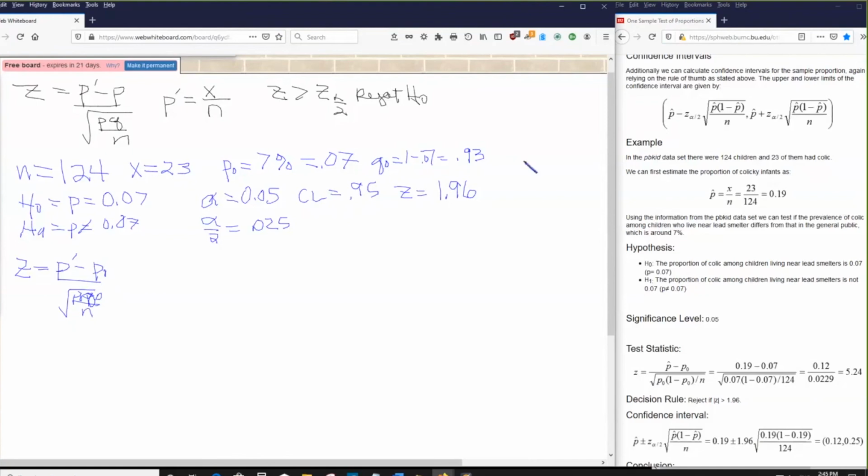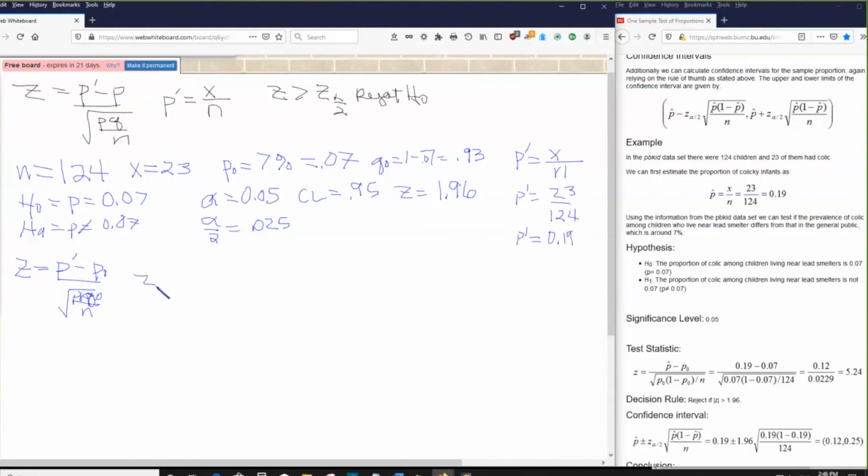I didn't solve for P prime yet, so our P prime is going to be x over n. So P prime is going to be 23 over 124. So that's going to give me a P prime of 0.19.